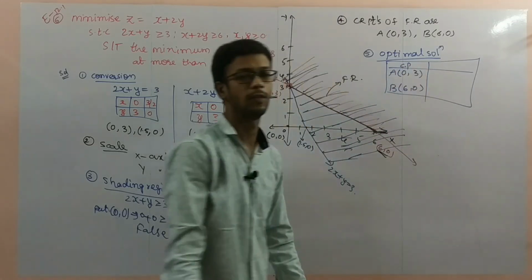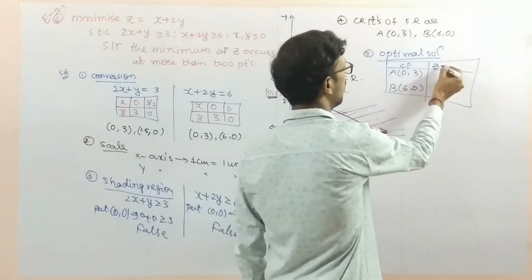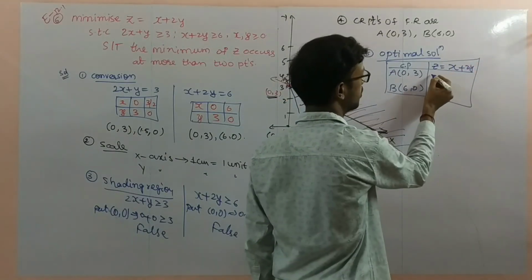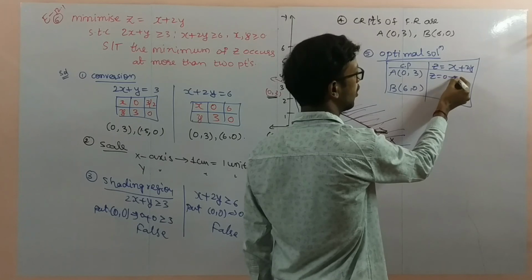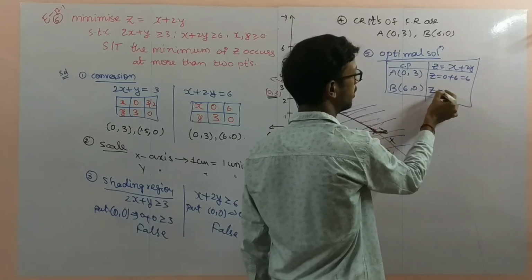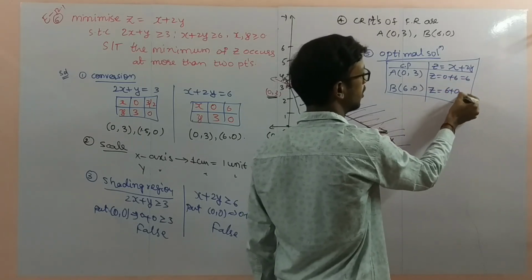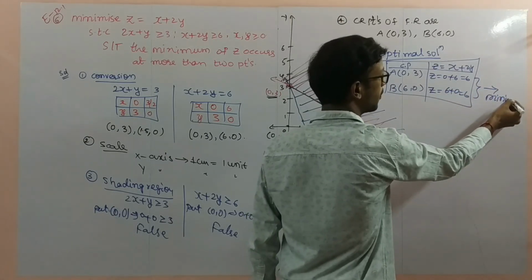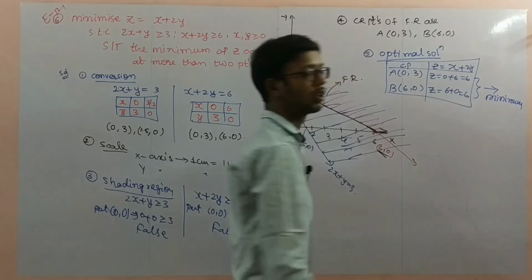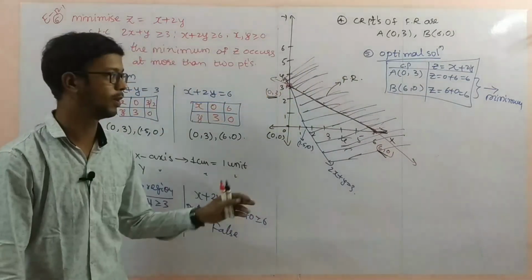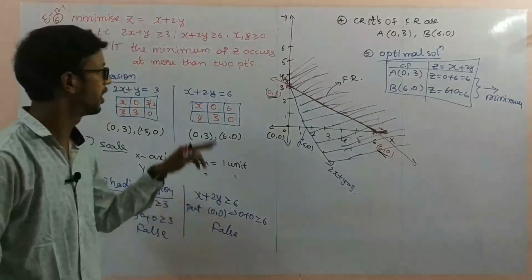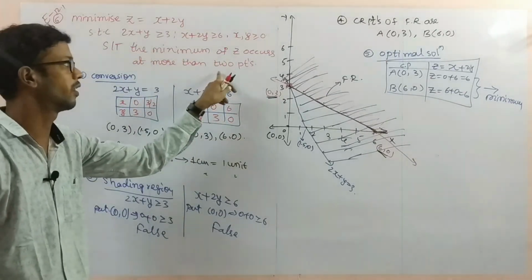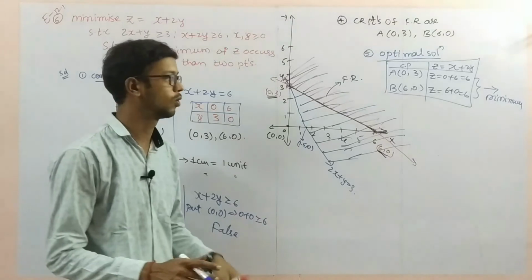Now check the optimal solution. Z is x plus 2y. At (0, 3), Z equals 0 plus 6 equals 6. At (6, 0), Z equals 6 plus 0 equals 6. Both give the same value, so that is the minimum value. So the minimum value of Z occurs at more than 2 points.